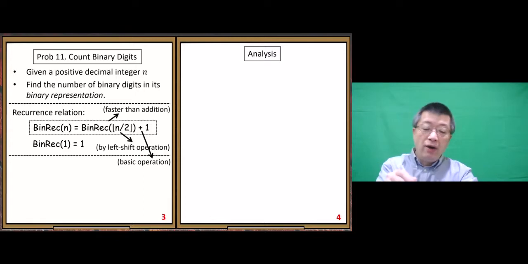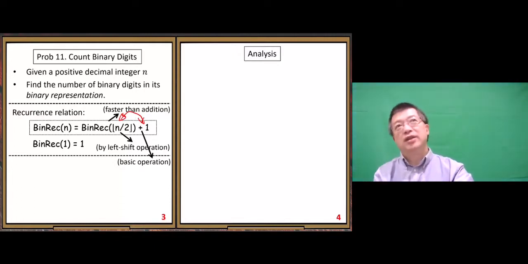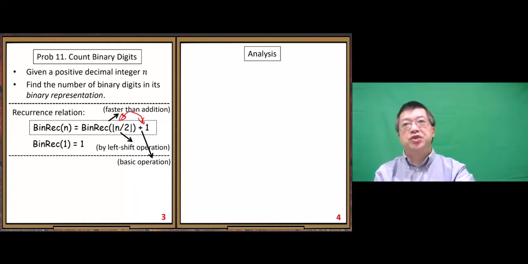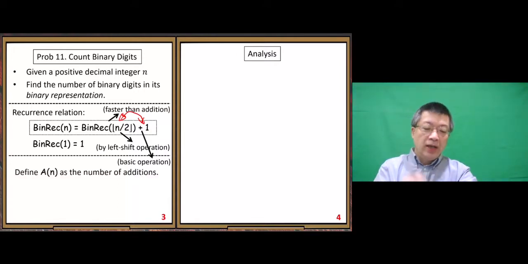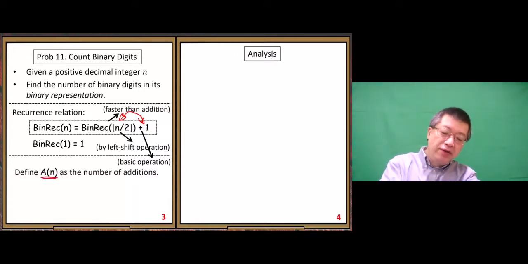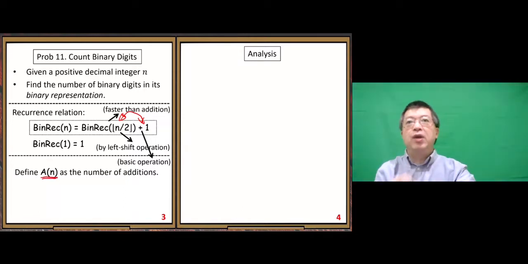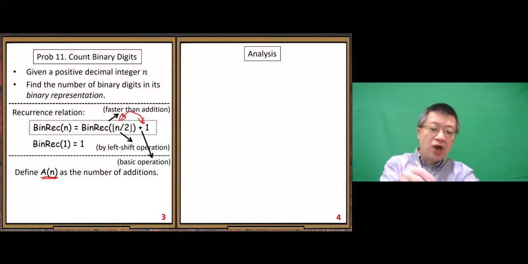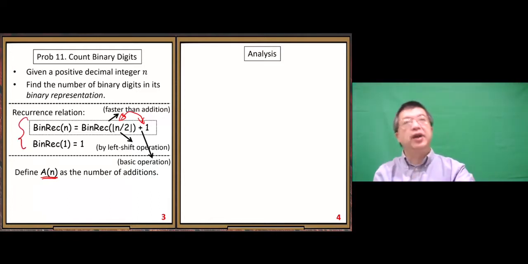Although, when you have a shift operation, you also have an addition operation, a 1-to-1 correspondence, so we only need to use 1 to count that number. For convenience, we just use the number of additions. So let me use the new function a of n to represent the number of additions we need to solve this recurrence relation.